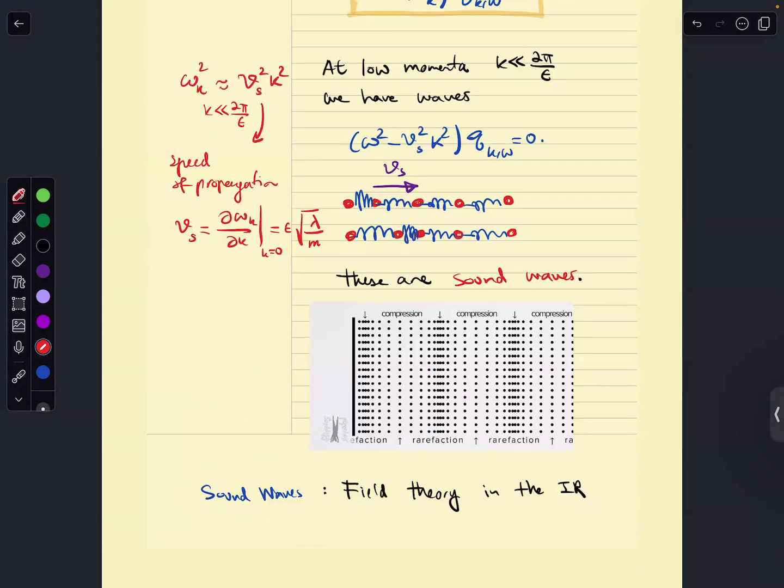If you have a medium where all momenta, all k's, propagate with the same speed, then sound propagates pretty well. If I say something on this side, on the other end, people understand.